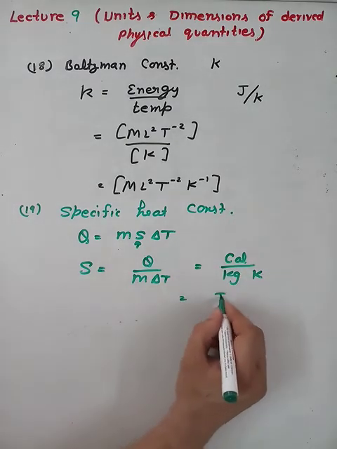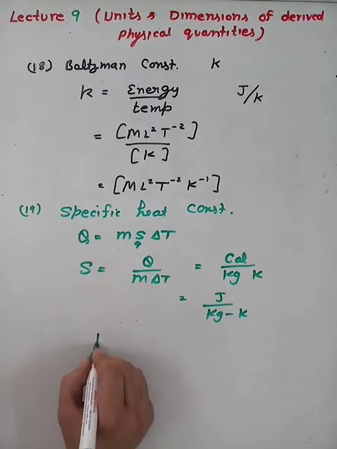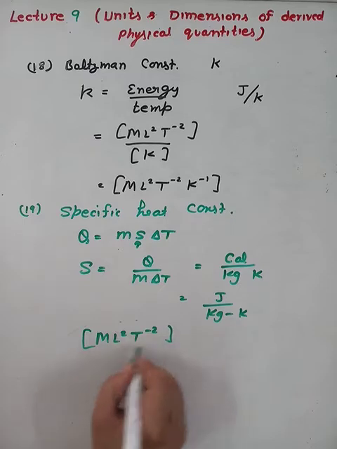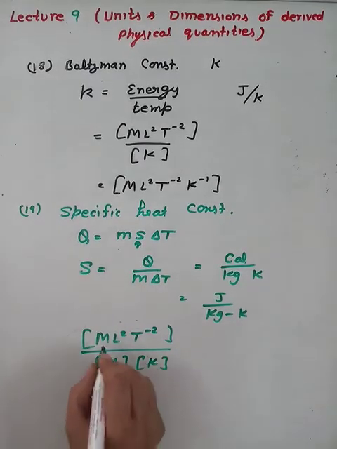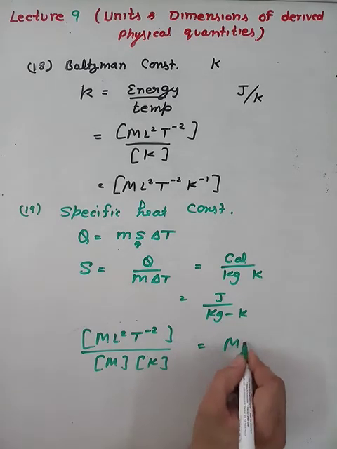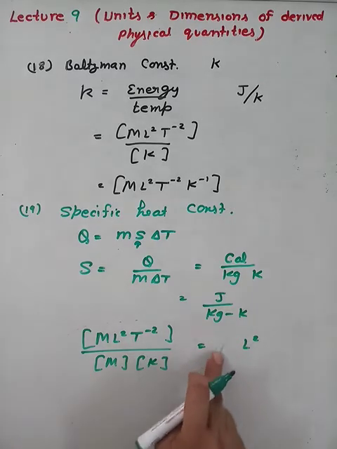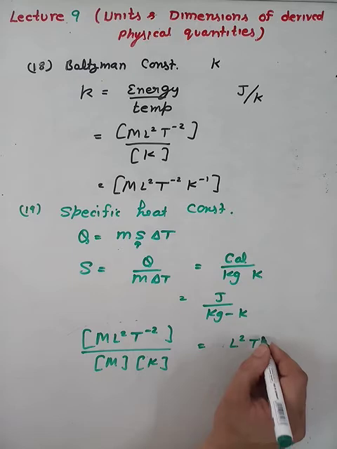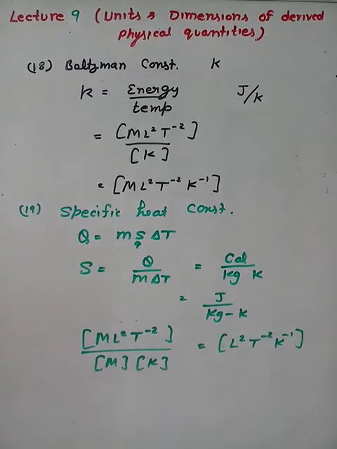It can also be written as joule per kg Kelvin. Joule has dimension ML2 T minus 2, kg is M, Kelvin is K. M and M cancel out, and we get L2 T minus 2 K minus 1. This is the 19th one, the specific heat constant.